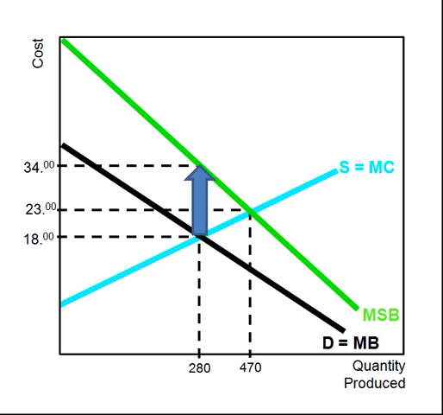Well, in a similar manner as we would correct a negative externality with a Pigovian tax, what we're going to do here is we're essentially going to do the opposite. We're going to subsidize the consumers and make it more affordable for them to buy this good or service that is generating the positive externality.